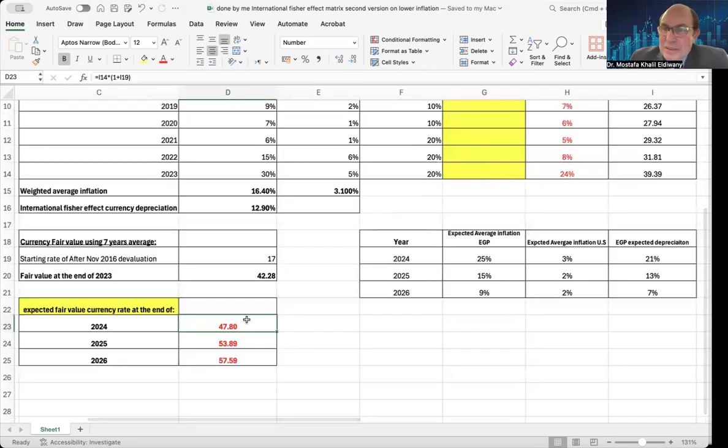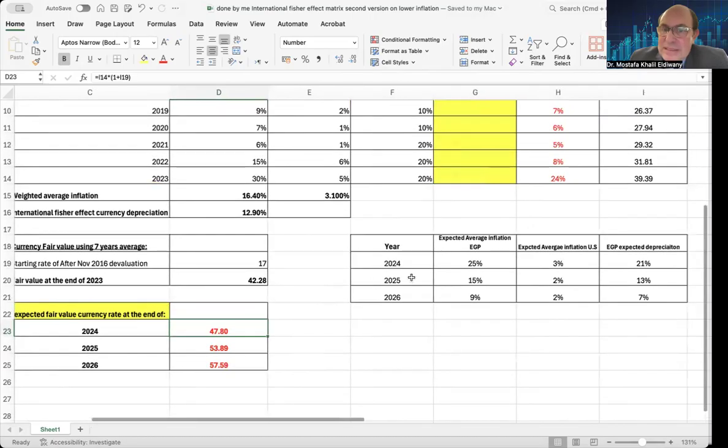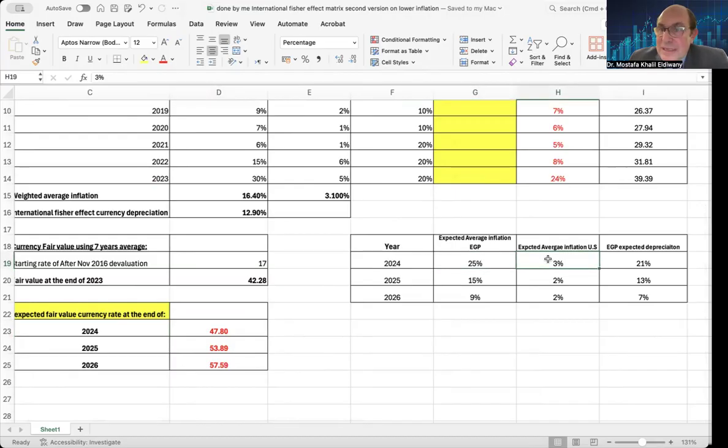My expectation for 2024 was that the value of the dollar to the Egyptian pound should be in the range of 47 to 48, on the expectation that Egypt's inflation would average 25% and US inflation would average 3%, giving a depreciation of 21% in the Egyptian pound through the year. I also put my expectations of inflation for 2025 and 2026.